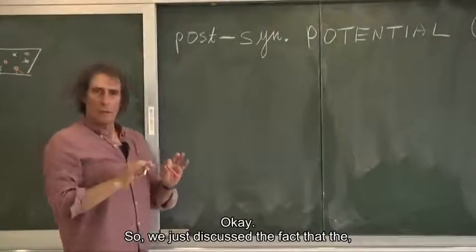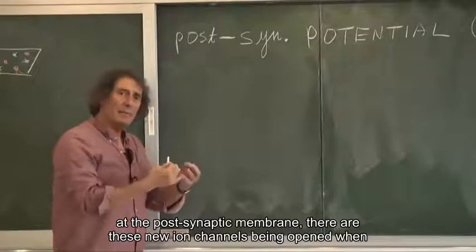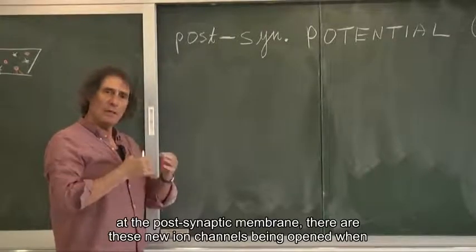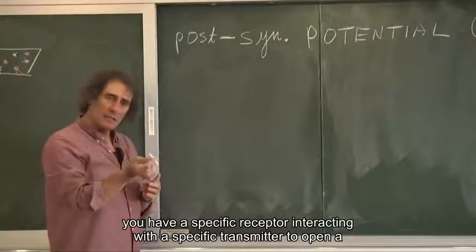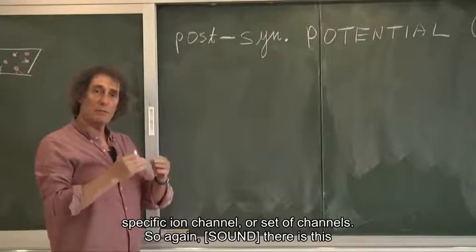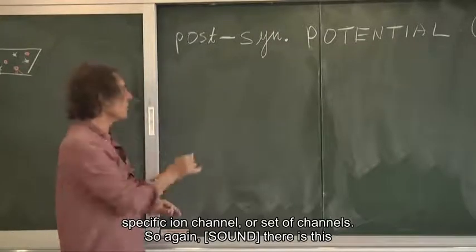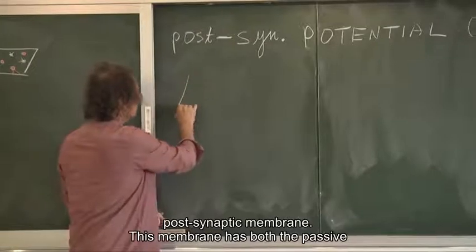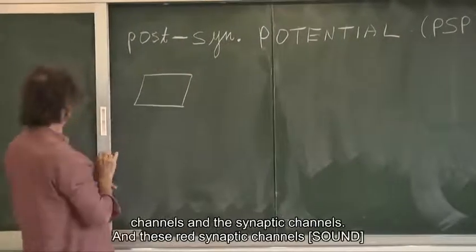Okay, so we just discussed the fact that at the postsynaptic membrane, there are new ion channels being opened when you have a specific receptor interacting with a specific transmitter to open a specific ion channel or set of channels. So again, there is this postsynaptic membrane.